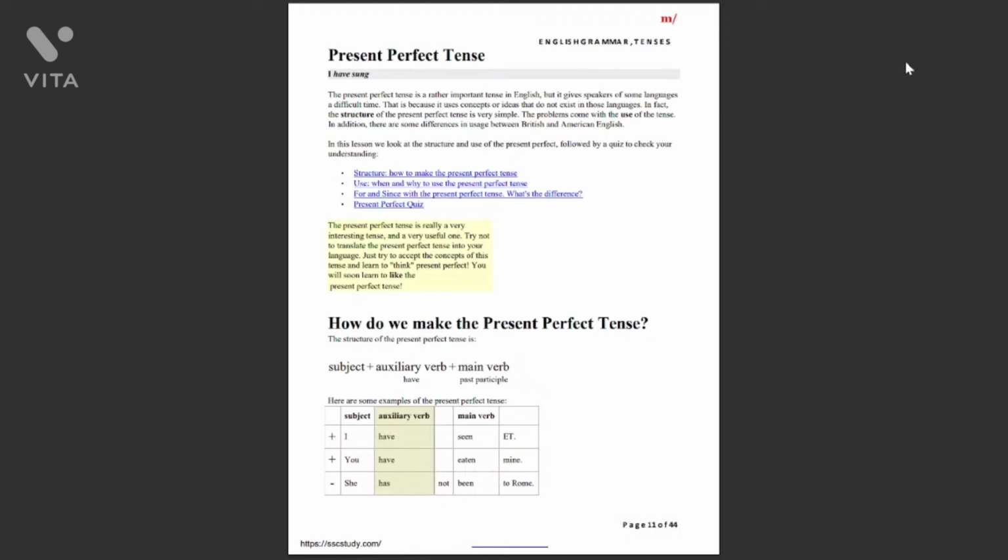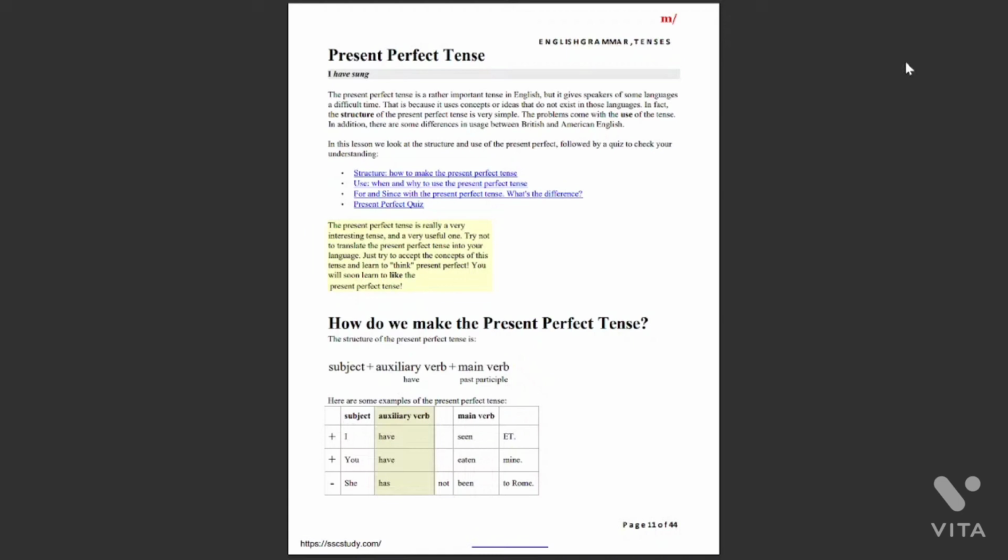In fact, the structure of the present perfect tense is very simple. The problems come with the use of the tense. In addition, there are some differences in usage between British and American English. So, in this lesson, we'll look at the structure and use of the present perfect, as usual followed by a quiz to check your understanding.